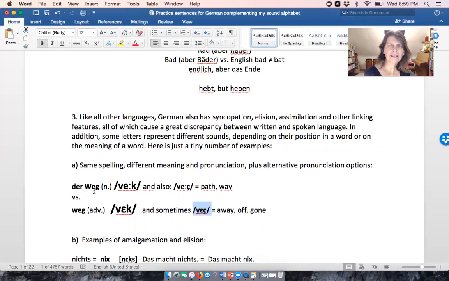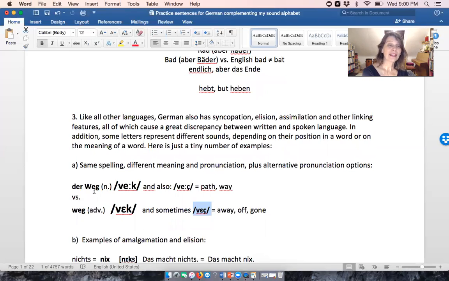Now I think weg is High German and weg is Northern, but I'm actually not totally sure. I say both. I sometimes say weg and sometimes I say weg, so I don't know when I say which.